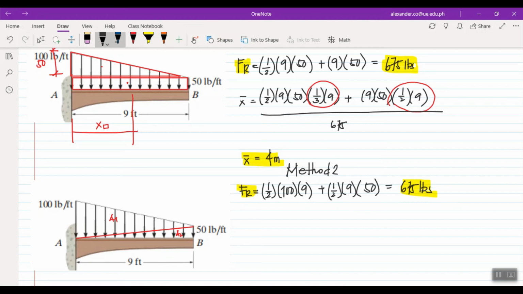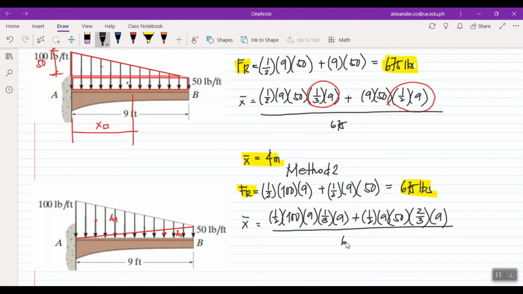Now, how about bar x? It's the same. You take the area of the triangle again, 1/2 base times height, copied from above. Its centroid is 1/3 of 9. This other one is 2/3, from here, since this is our location. Plus the area of the other triangle, 1/2 base height, times 2/3 of 9, divided by 675.